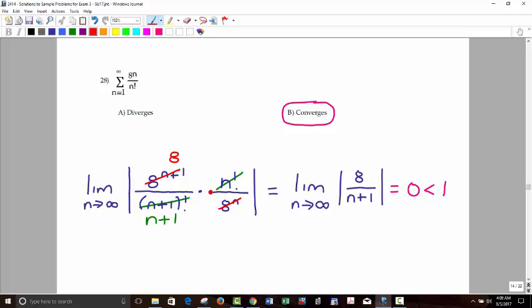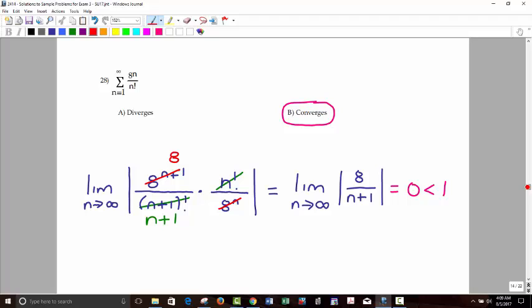And that leaves an 8 on top and n plus 1 on bottom. The limit as n goes to infinity of 8 over n plus 1 will equal 0. And 0 is less than 1, so it converges by the ratio test.